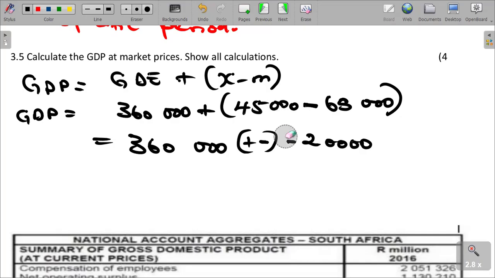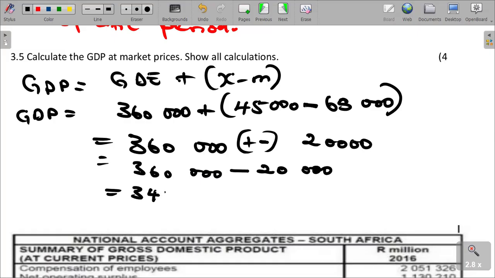So what is happening is that this is 360,000 minus 20,000. That would give us the final answer, which is 340,000.